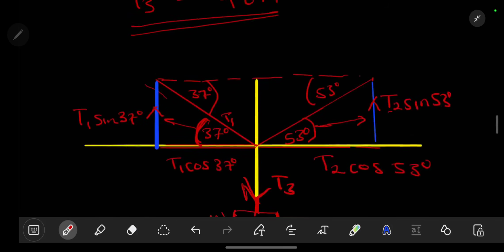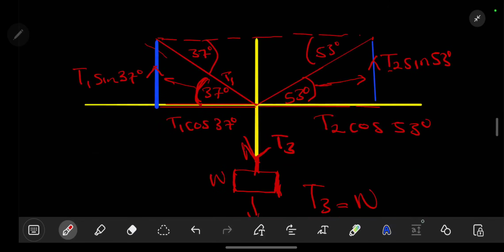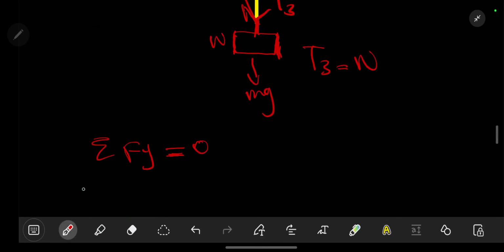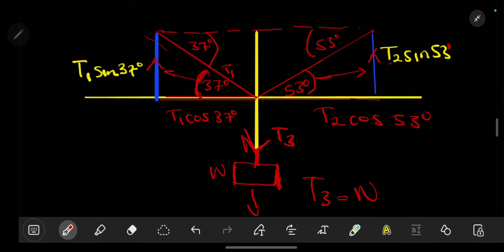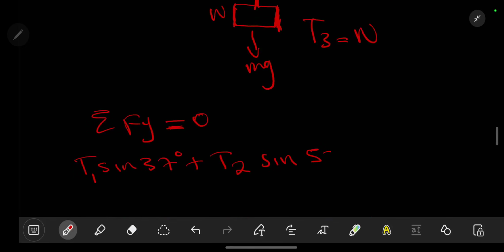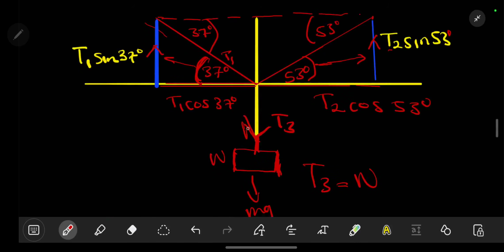So which forces are those? These two forces are acting upwards, as we can see. So both of them, we are going to add them up. So we are going to say T1 sine of 37, which is the angle on the side, plus T2 sine of the one on the other side, 53 degrees, minus the one that is acting in the downwards direction, which is T3.